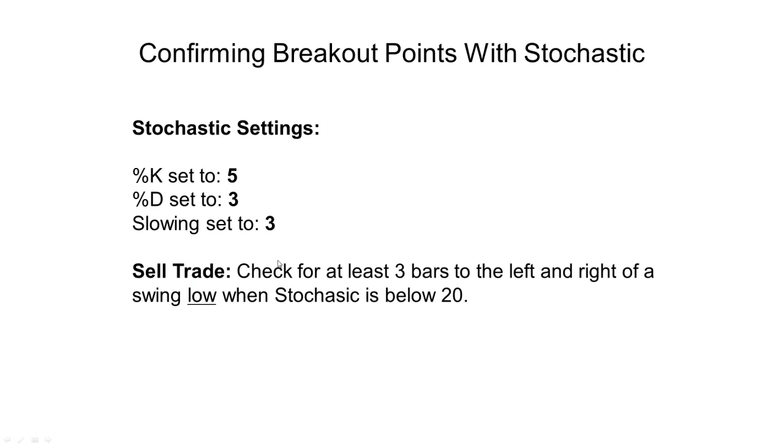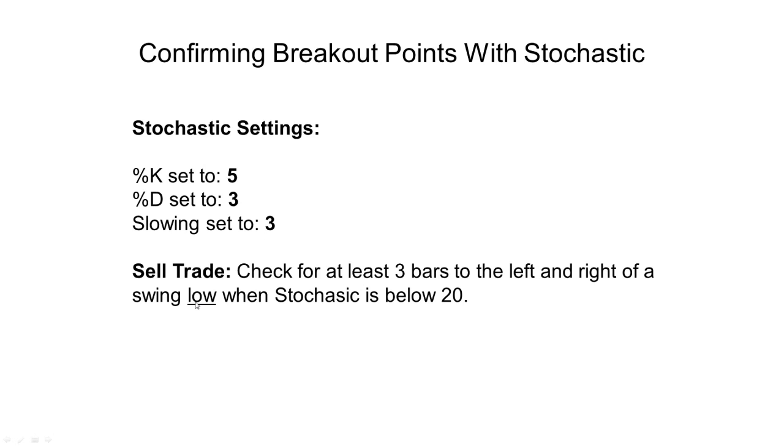The one I taught last week with the trend line breakout strategy was for 10 bars to the left and right, but it was a little bit different method. For this one, it's 3 bars to the left and right. Now the filter that we're going to use with the stochastic is we're going to check that right around that swing low point, when it was forming, the stochastic was below 20.